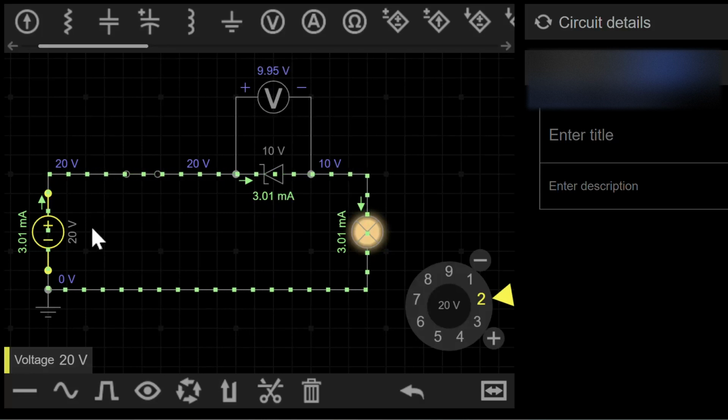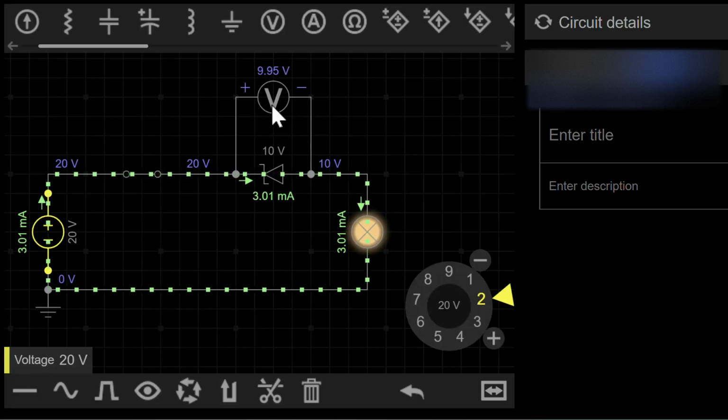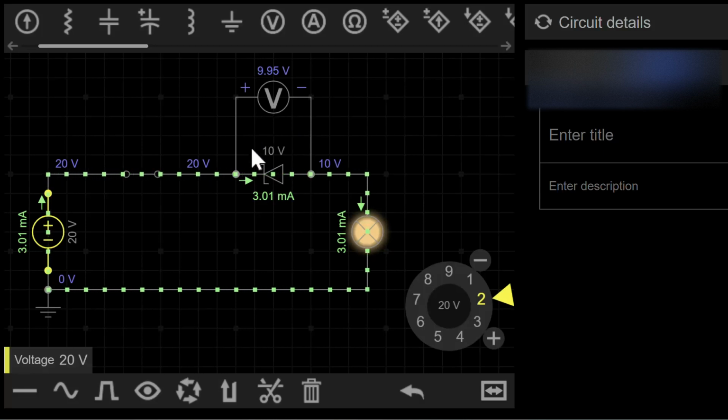So no matter how high the voltage of the DC power supply, the voltage across the Zener diode will remain at 10 volt. That is why the Zener diode is usually used to provide constant or to regulate the output voltage. So if the Zener diode breakdown voltage is 20 volt, it will always maintain at 20 volt, and so on.